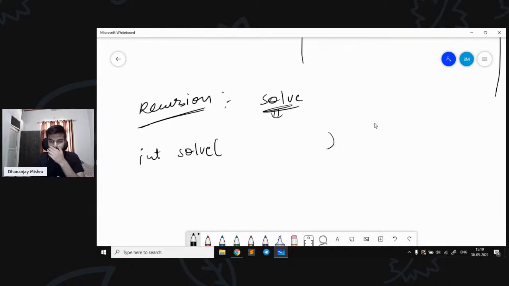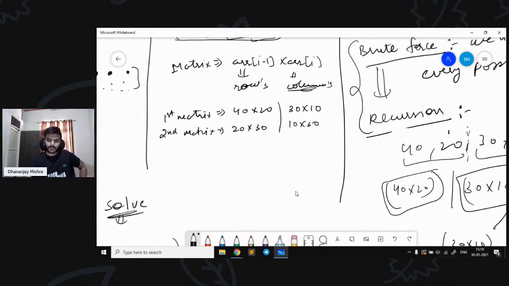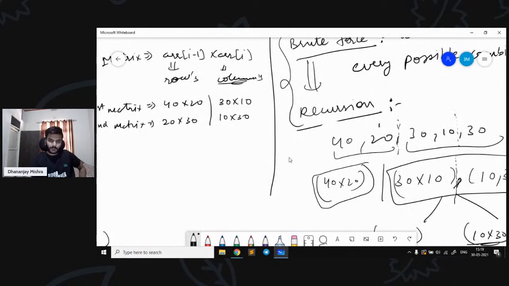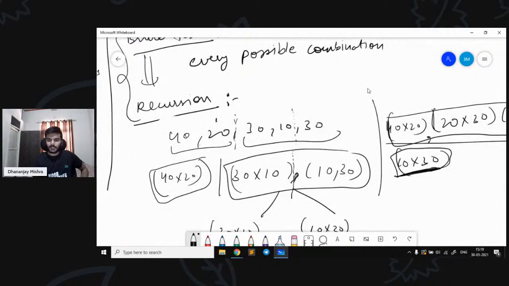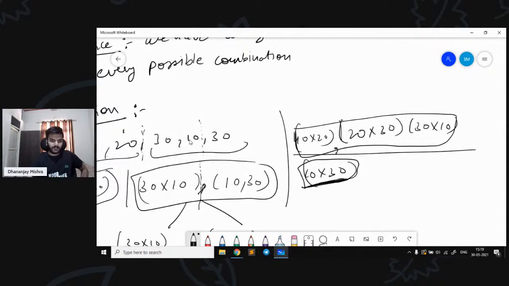Talking about the parameters, you can see that once we divide this array into subproblems, we have a particular range. This will be my start and this will be my end. Similarly here also, if I divide it in this part, we had these matrices, so this was my start and this was my end for the left part. Now if I divide it further, suppose from here, again I will have two matrices, two partitions.